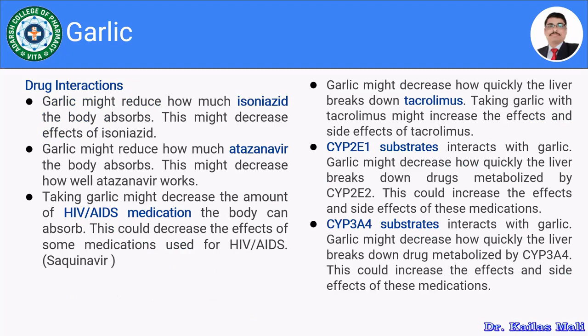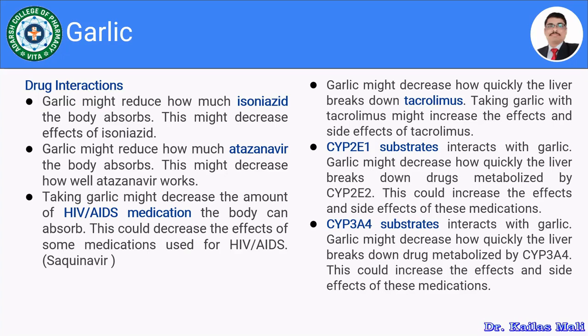The next drug interaction is related with garlic and isoniazide. This is the drug interaction related with the reduction in the absorption of a drug. Garlic might reduce the absorption of isoniazide from the stomach, so there might be chances of reduction in the effects of isoniazide.